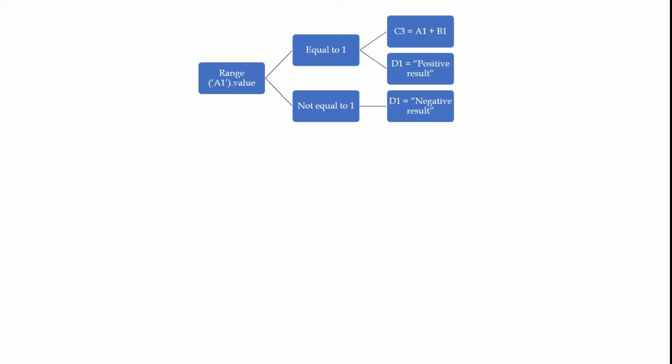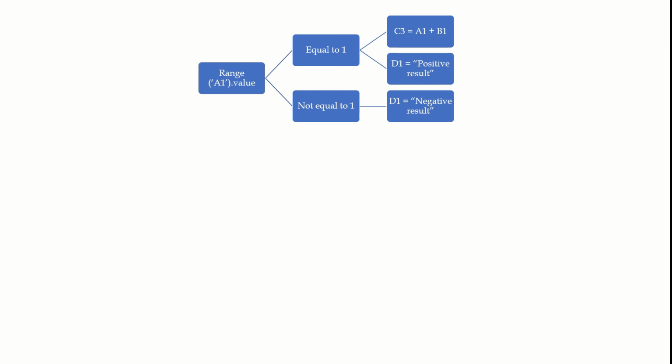So moving on, let's see how we can relate this to our previous example. Here, what we're saying is we are going to evaluate the range A1 value, and if by any case it equals 1, we have to set the range C3 value to range A1 plus range B1 value.